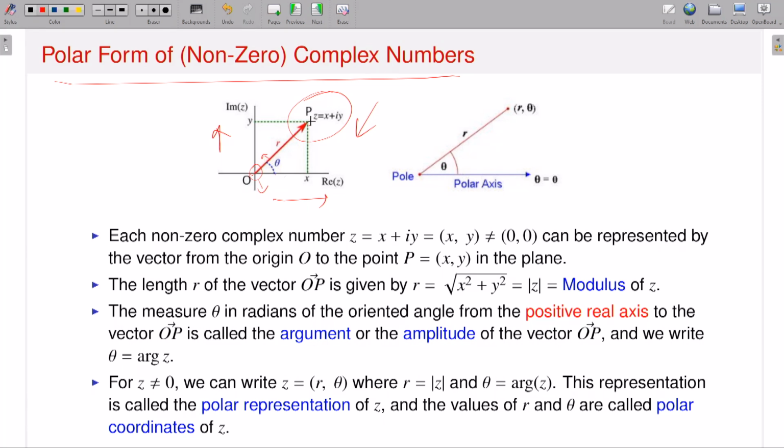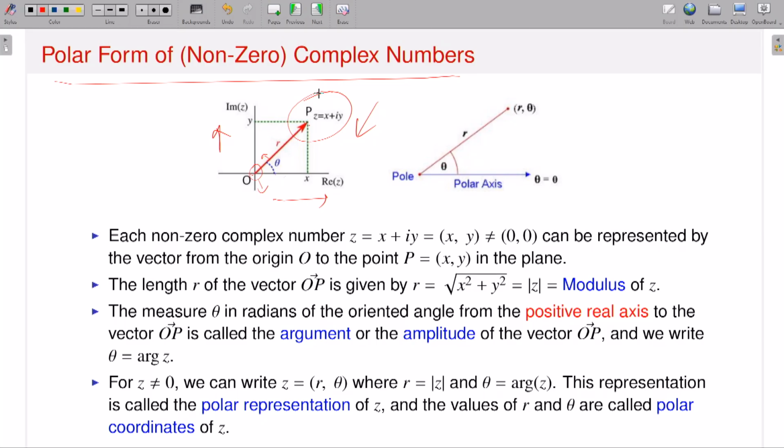OP. So you have a point, a complex number P, and you draw a vector from the origin, so you have a vector OP. First you get the modulus, the distance from the origin to the point, and I say that this is r. Then, once I have the vector OP, I measure an angle from the real axis, anticlockwise, to the vector OP, and let it be theta.